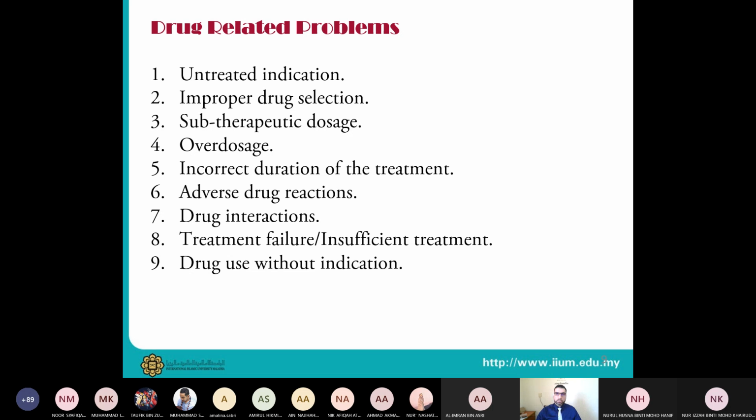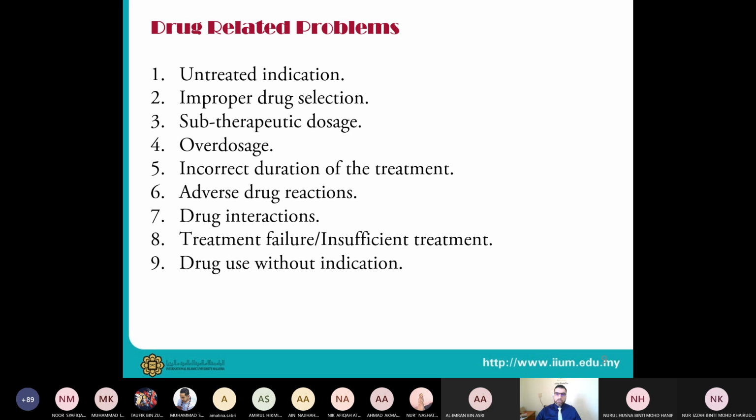You may see patients who are on proton pump inhibitors for months or maybe years, but it was indicated for a condition in this patient, and currently it's no longer indicated. However, the patient is still on this medication. This is, of course, inappropriate and considered a drug-related problem.